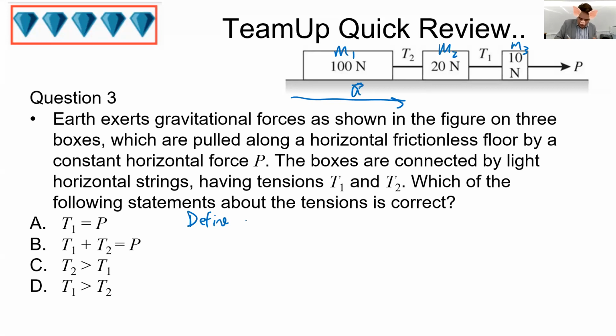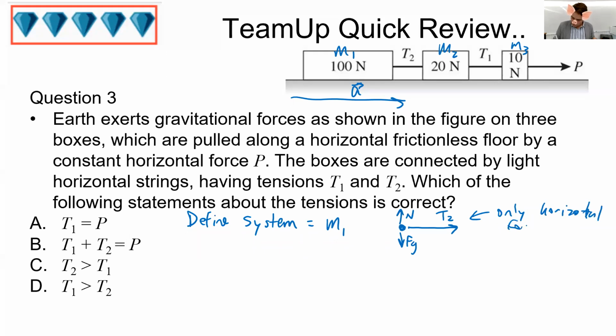If the system is M1, then you've got normal and gravity, but your only horizontal force is T2. So T2 is the whole sum of the forces, and that's equal to M1 times A.